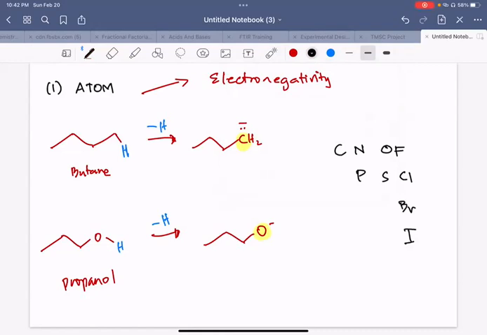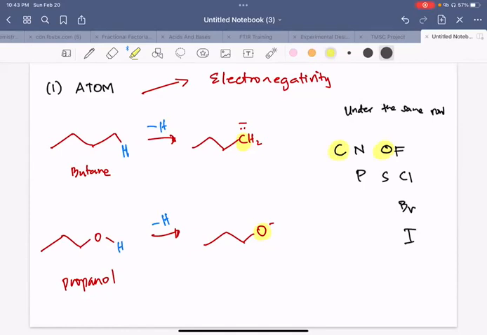But when you compare two atoms under the same row, you have carbon here and oxygen here. So you compare the two.